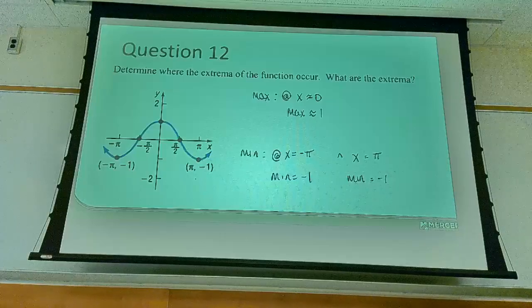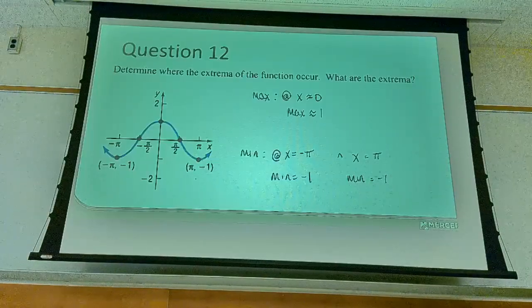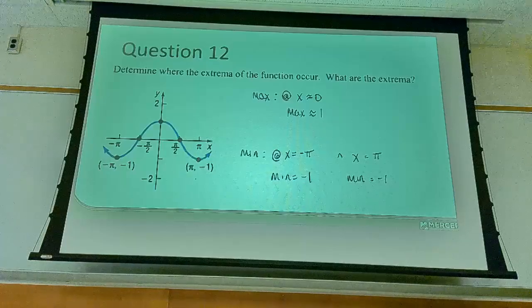I know for certain it's less than pi over 2 and greater than negative pi over 2. Outside of that, I don't know for certain. I'm pretty certain the intention here was that that point is (0, 1). So I think that's just an oversight on wherever I got that graph from.